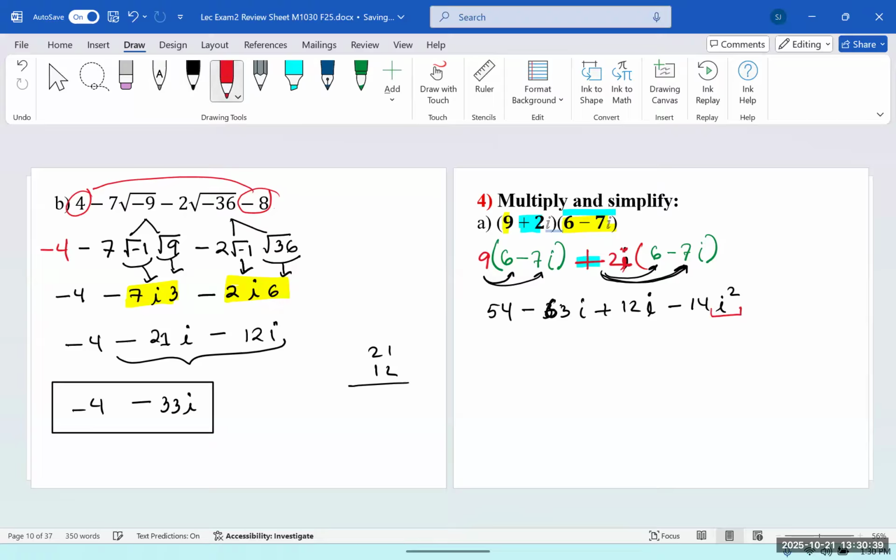What is i square? -1. So the negative 14 will turn into positive 14. And how about in the middle? Negative 63i, positive 12i. What do we get? Minus how much? 51i. And we have our unused 54.